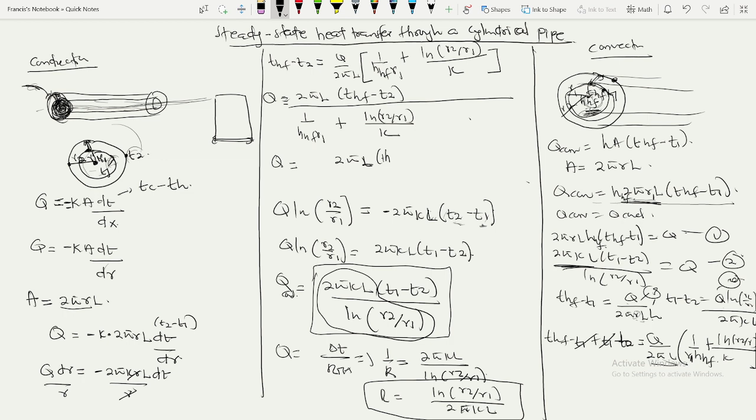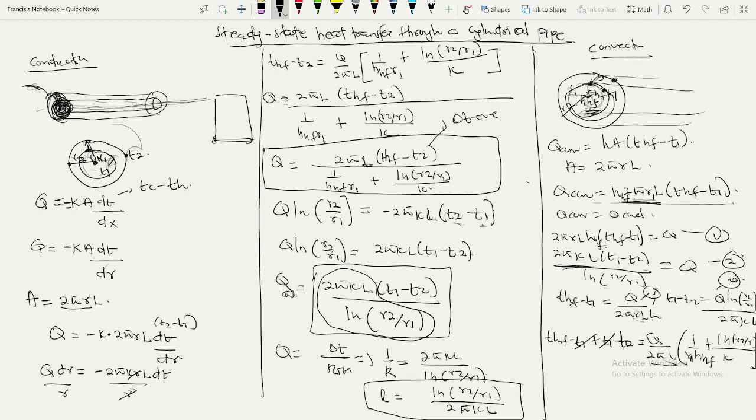Multiply THF minus T2 all over 1 over HHF R1 plus ln R2 over R1 all over K. So now this becomes our final equation. This equation wouldn't really change depending on the number of pipes. The only thing that is going to change will be our change in T overall.